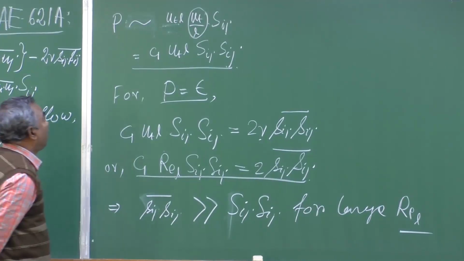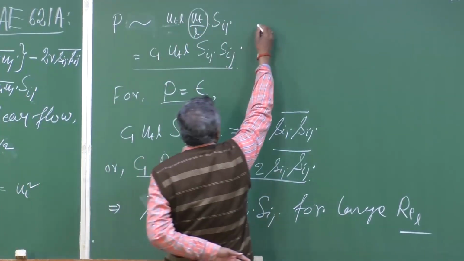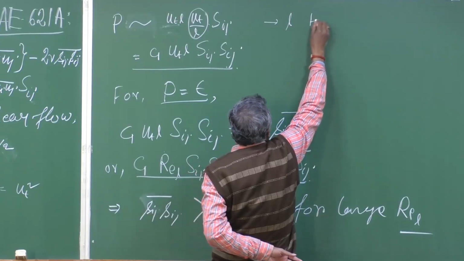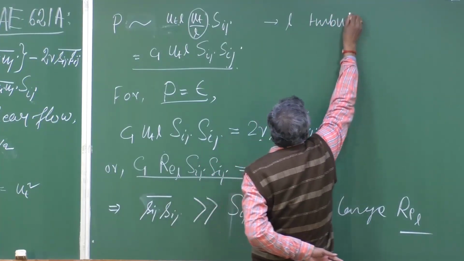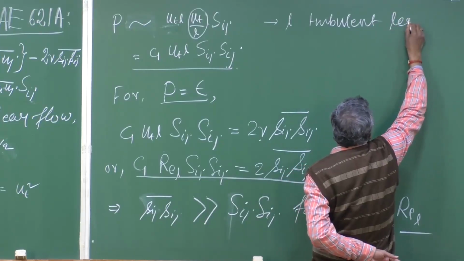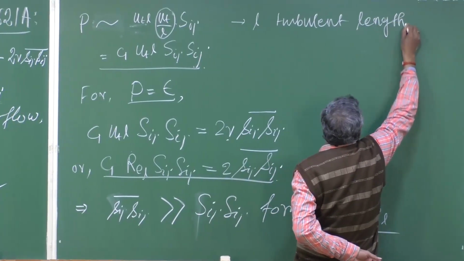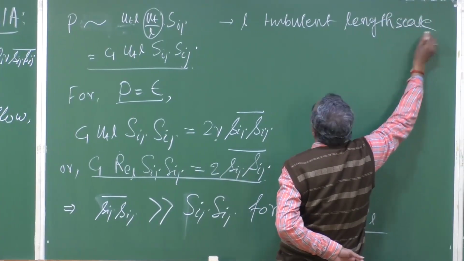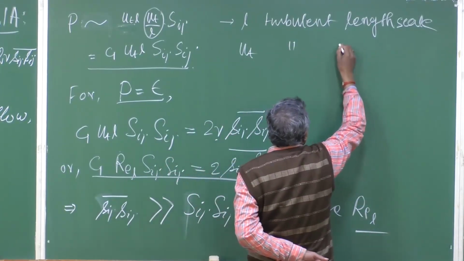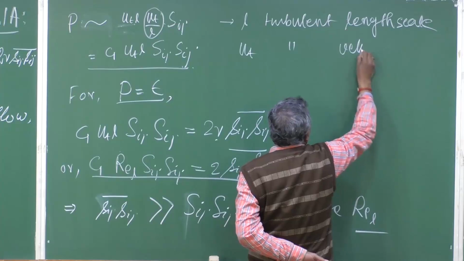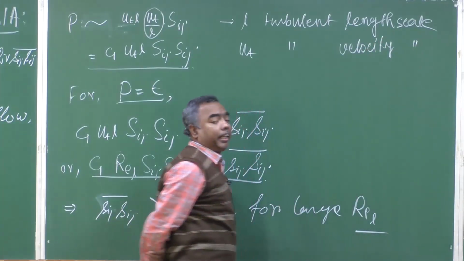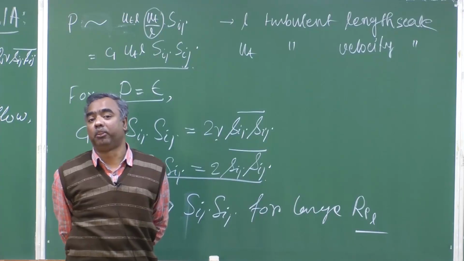So, here I have not mentioned what L is. Please note that L is the turbulence length scale. And u_t is the turbulent velocity scale. So, these are the characteristic length and characteristic velocity scale of turbulence.